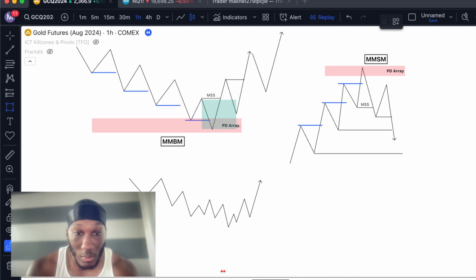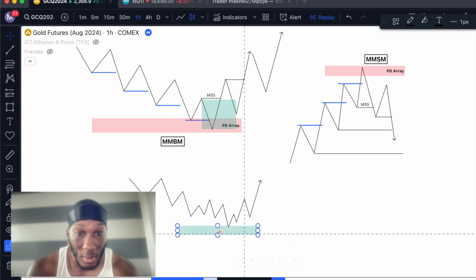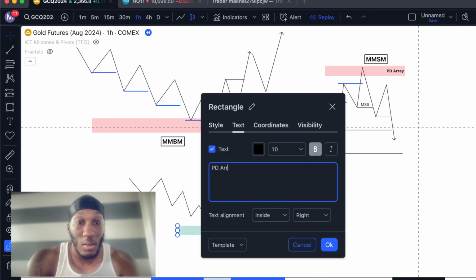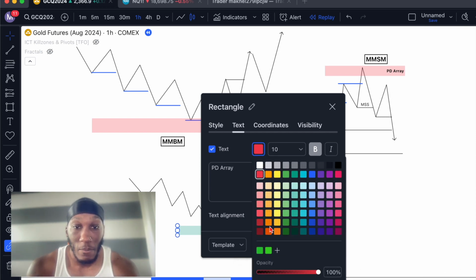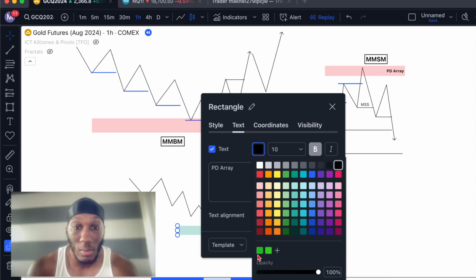So this is the higher time frame PD array. Oh shoot, no, I don't want that. I want this.